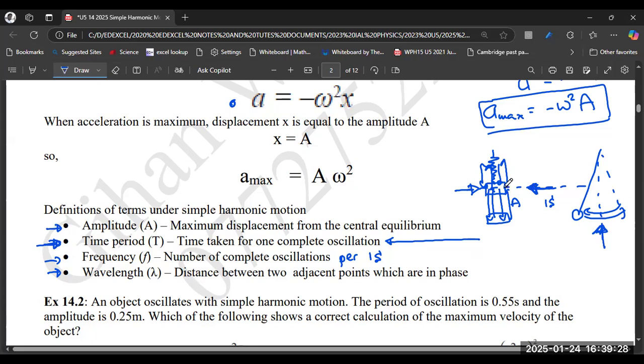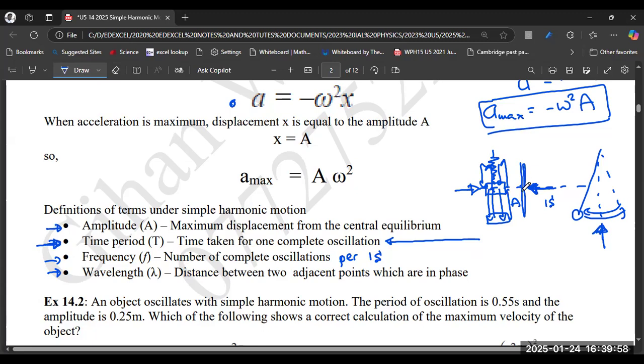Then we will say when the stopwatch starts, start counting from 0, because when we start the stopwatch, it has not completed any complete oscillations. So as soon as we start the stopwatch, we say 0. Let's see like this. When an object is moving up and down, now I'm starting the stopwatch.